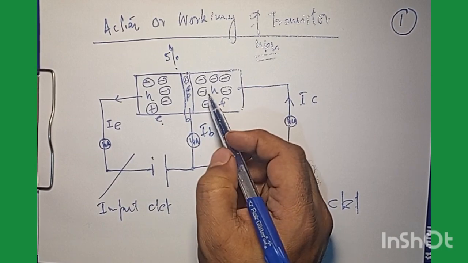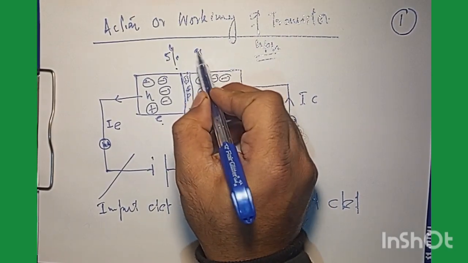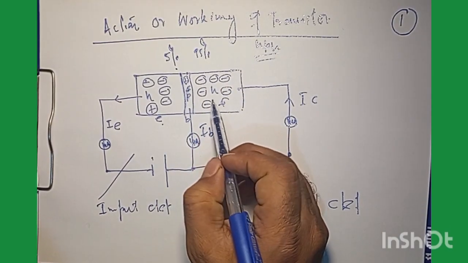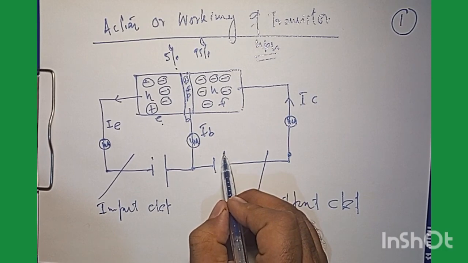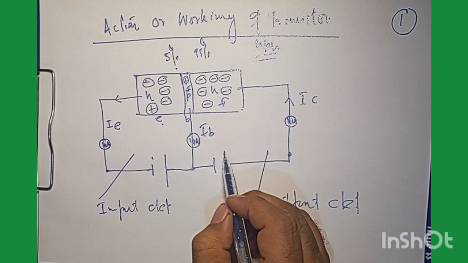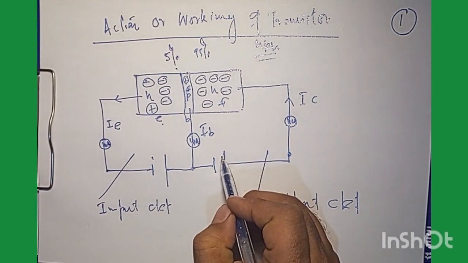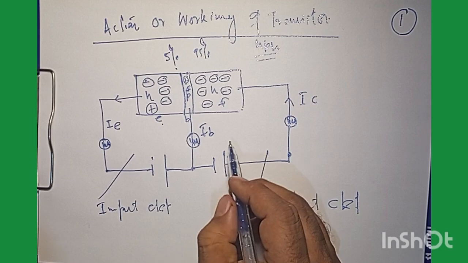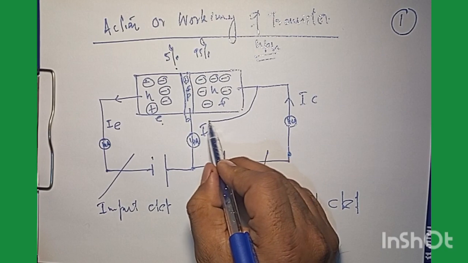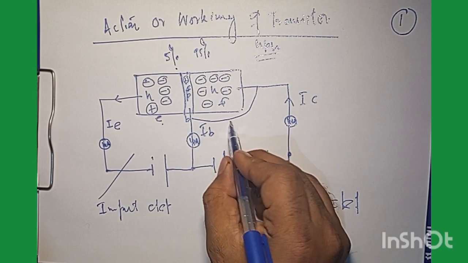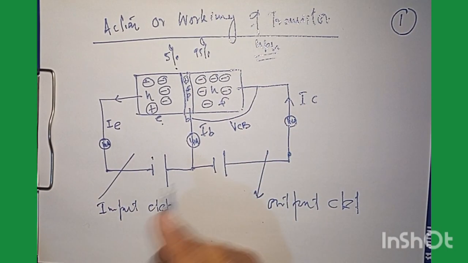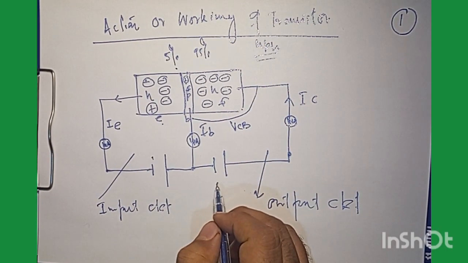The remaining electrons, nearly 95% of the electrons, enter into the collector region, because they are attracted towards the positive terminal of the battery. This voltage is the collector-base voltage, VCB.